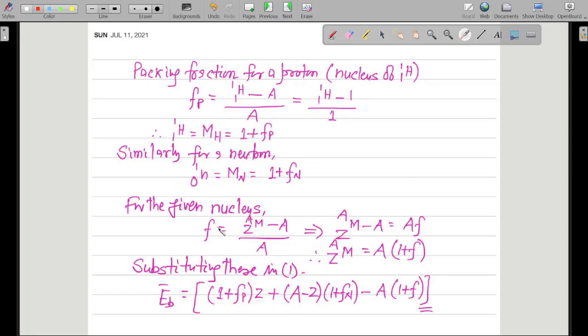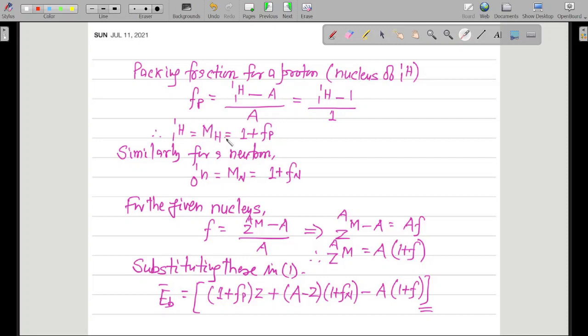For the given nucleus also we can apply the same formula of packing fraction, that is (M_ZA minus A) divided by A, where M_ZA is the isotopic mass of the nucleus and A is the atomic mass number of the nucleus. This is the packing fraction of the nucleus. Now what do we need to eliminate?